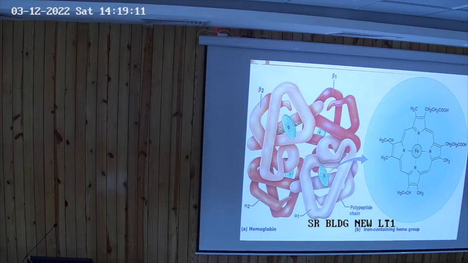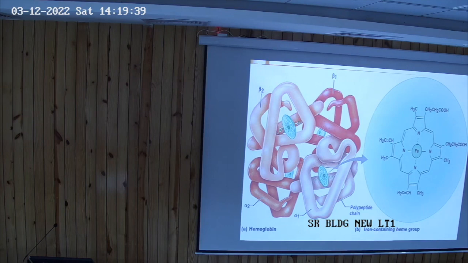The N of this is bound with the iron which is present in the ferrous form. Now this iron can bind with the oxygen. It has a special affinity to bind with oxygen. This is the structure of the heme, and this is your globin structure. Totally comprising the hemoglobin structure, an iron containing heme group.